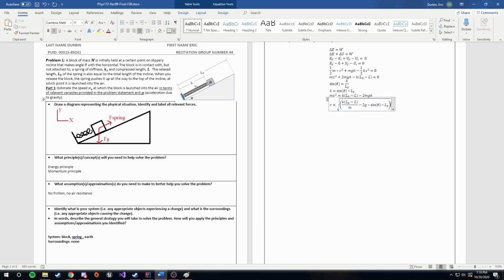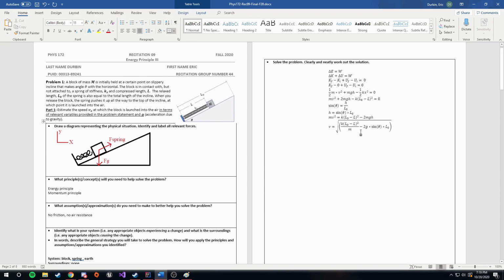Oh wait, your L minus L needs to be squared, I think. Oh, you are correct, thank you. I did that for the entire problem. Cool, I agree. I got the same answer too. I got the same thing. Okay, well, that's part 1.